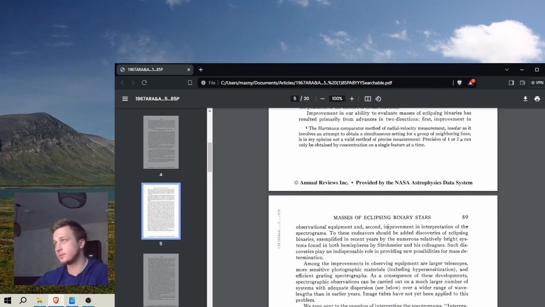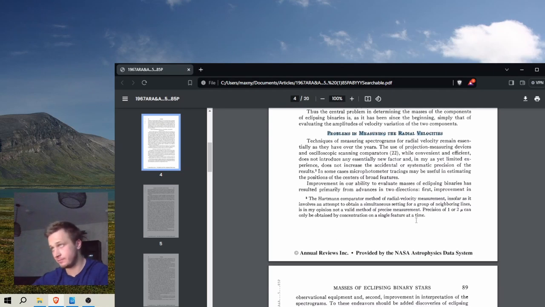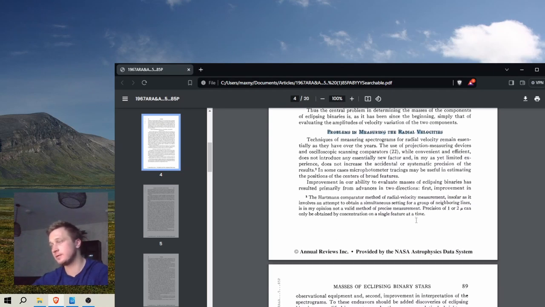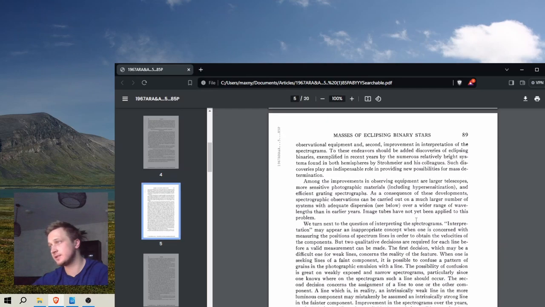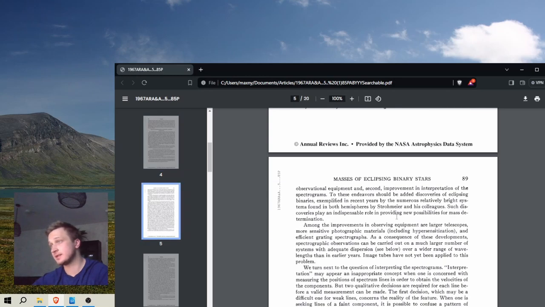Okay, I had some troubles with the recording. Basically, I've been reading this part, problems in measuring the radial velocities. He's talking about the problems in trying to figure out what the radial velocities are, doing that via spectrographic measurements. He says that when interpreting these measurements, one has to make two decisions.